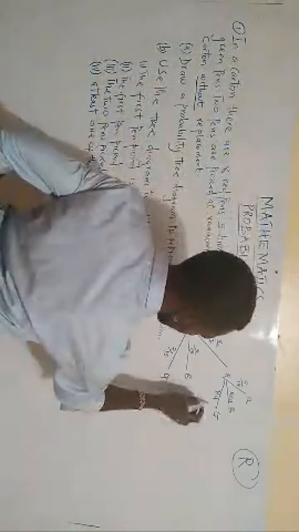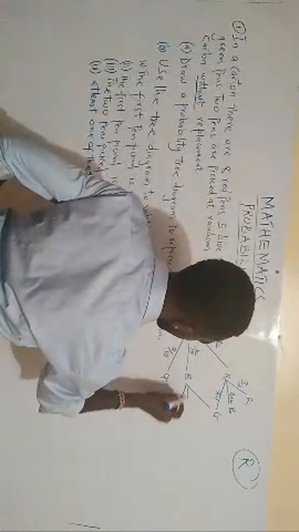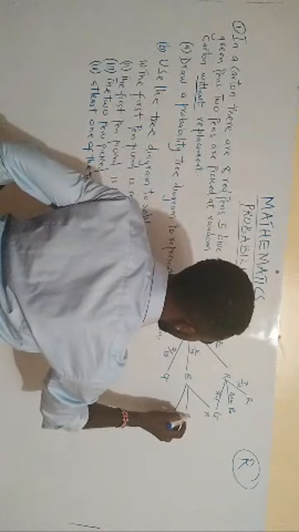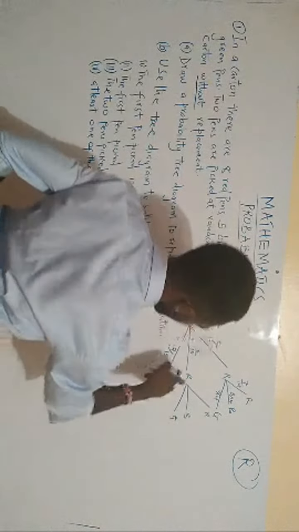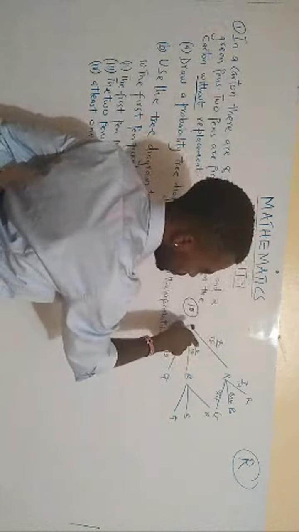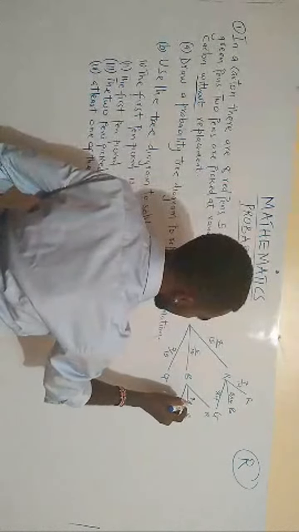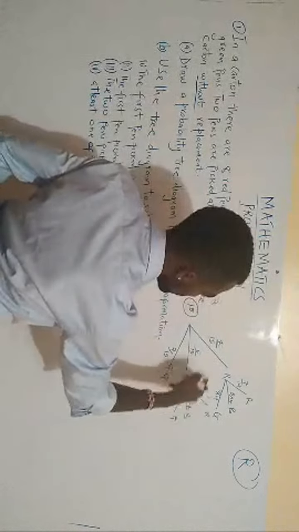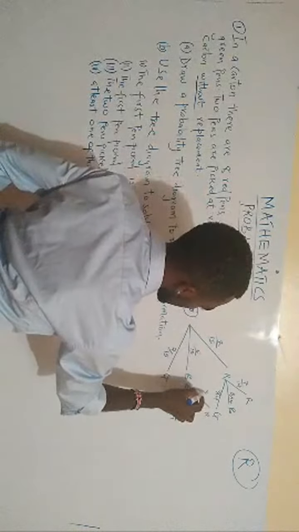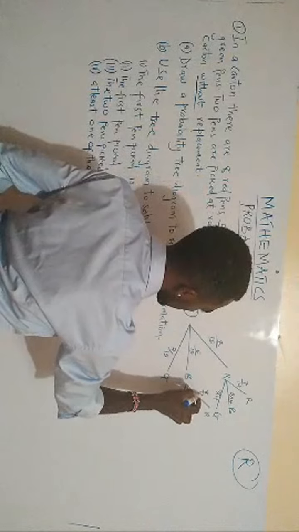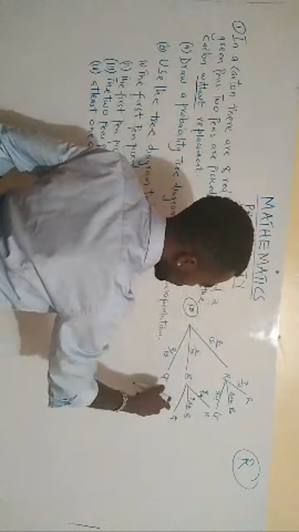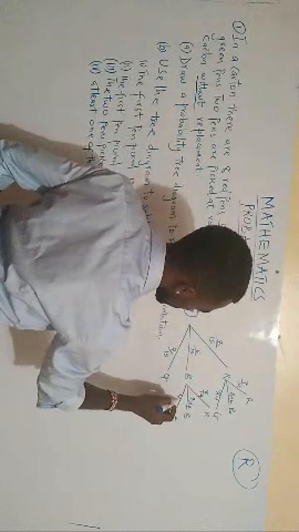All right. If we picked blue first, this is how the tree diagram will look. We have red, blue, and green. Blue is left with one less, so it will be 4 out of 14. Red stays the same, 8 out of 14. Green stays the same, 2 out of 14.